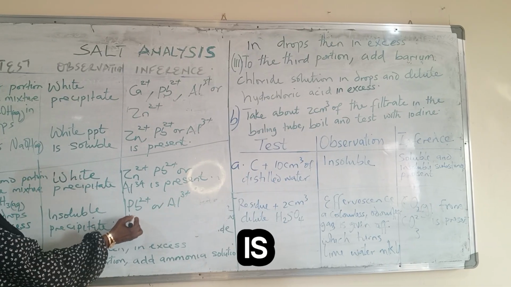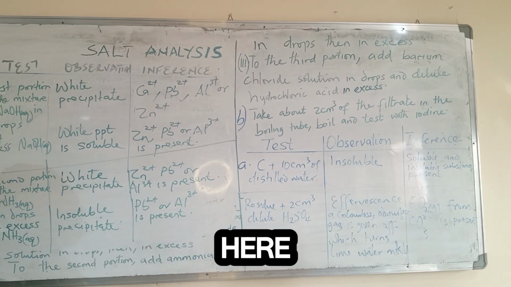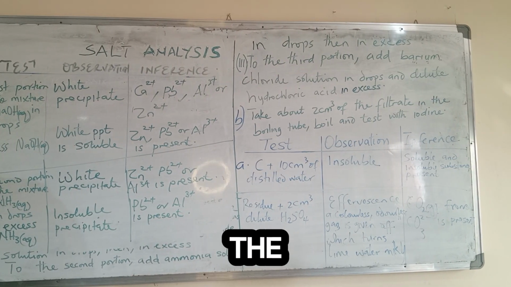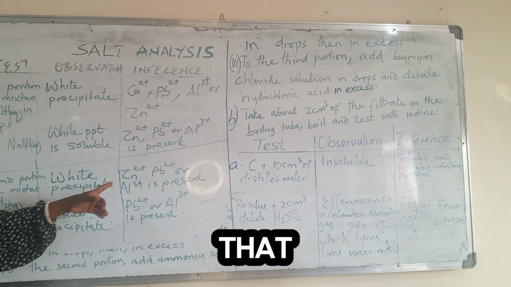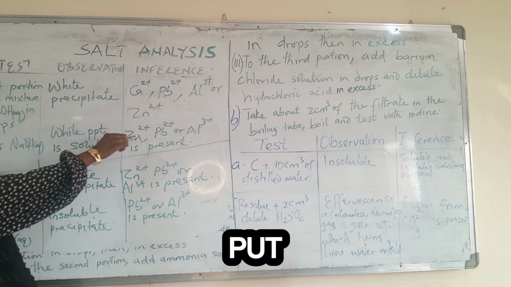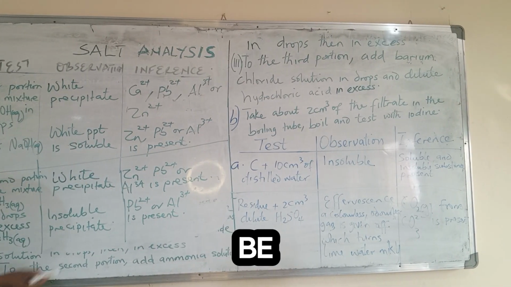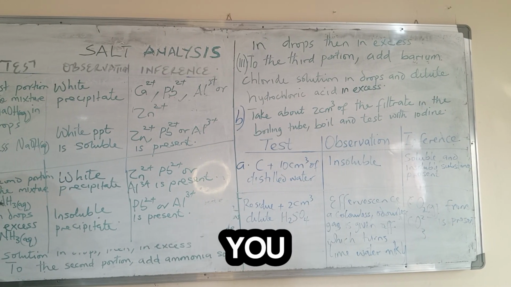Pb2+ or Al3+ is present. There is something you have to take note of here. It's not all the salts that are present, it's just one. You can see that I'm putting an or, it's not and. You demarcate it, put your comma where it's supposed to be, and make sure it is or, not and. Otherwise, you will lose marks.